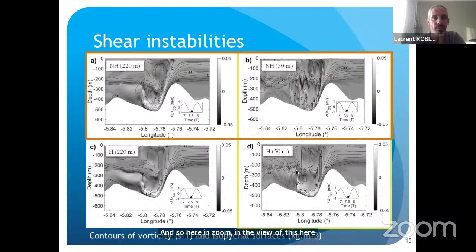If you look at this one, this is the hydrostatic simulation at the same 50 meter resolution. You don't see instabilities. So the message is this is not a story of NH physics or high enough resolution. You need to have both physics and high resolution to go on the way to turbulence.